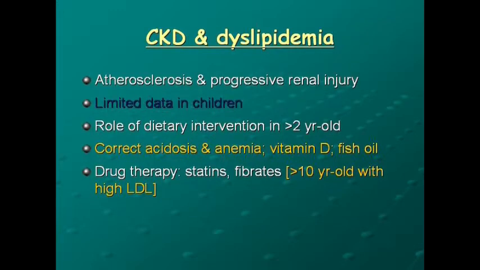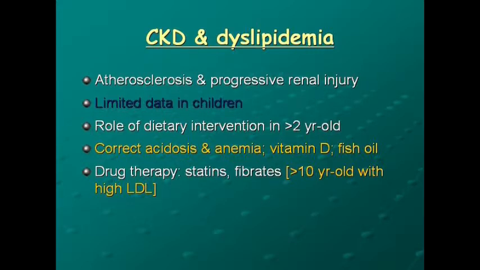And finally, another thing that is often disregarded is dyslipidemia. There is not too much data in children, but we know that for adults, if you have atherosclerosis, there is progressive renal injury. And whatever data is emerging on chronic kidney disease, even in children, kids do show high lipid levels. So although there is limited data and limited intervention below 2 years of age, beyond that age one does keep doing a lipid profile.